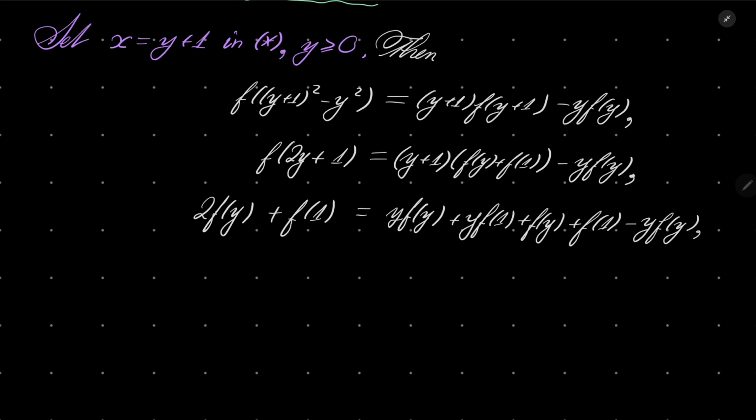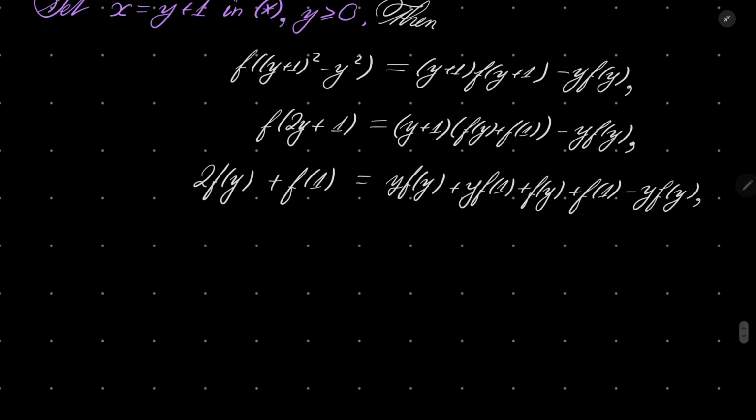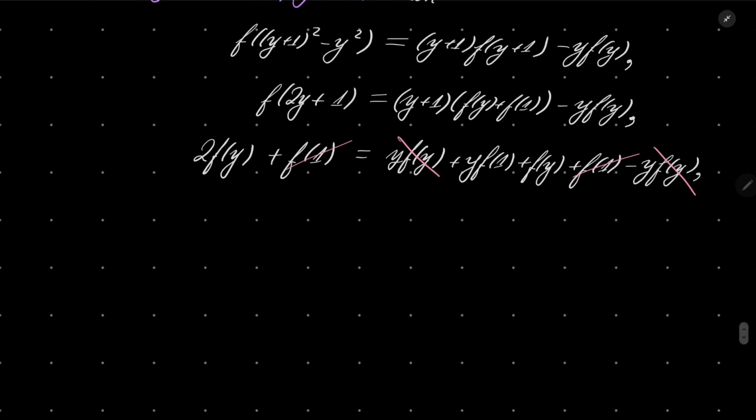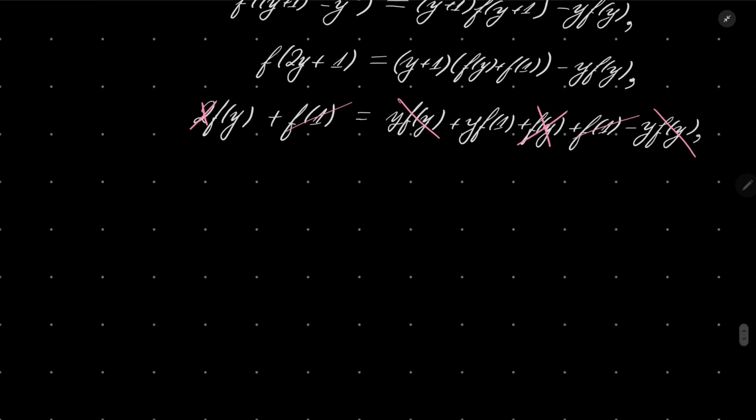And that's perfect because now we have a bunch of cancellations. For example, f of 1, gone. Y times f of y minus y times f of y, gone. Here we have 2 f of y, and here we have 1 f of y, gone. And finally, what we are left with is f of y equals y times f of 1. And remember that that holds for every non-negative number y.